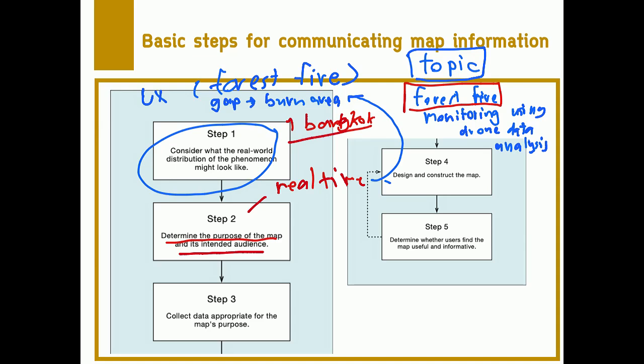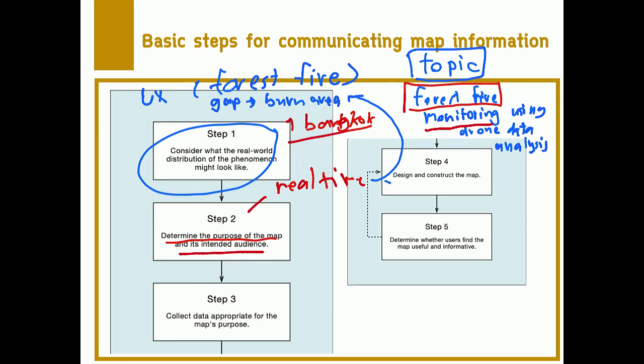And for our algorithm, it means monitoring. Monitoring means we want to see the change or the dynamics of the forest fire before and after the forest fire. So before, during and post means monitoring in the long term.